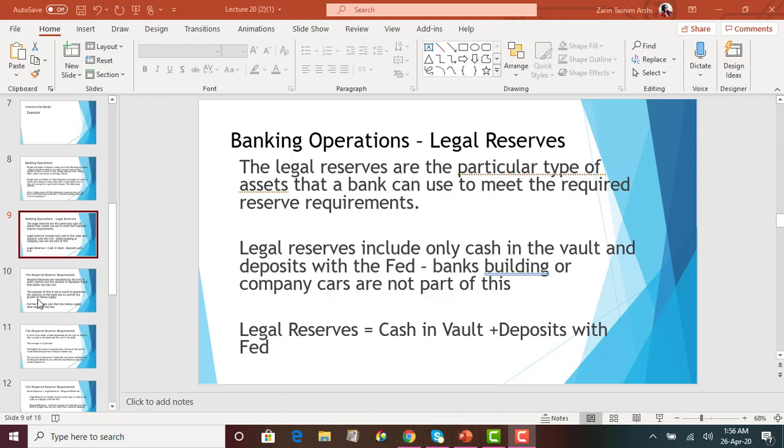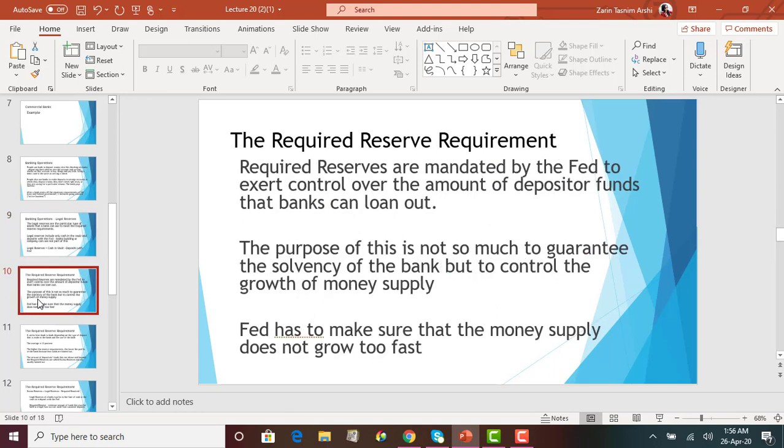The required reserve requirement is something that's mandated by the Fed on the banks. Okay, so now I moved on to slide 10. The required reserve is the money that the bank has to keep aside as a reserve because the Federal Reserve is requiring them to do so.